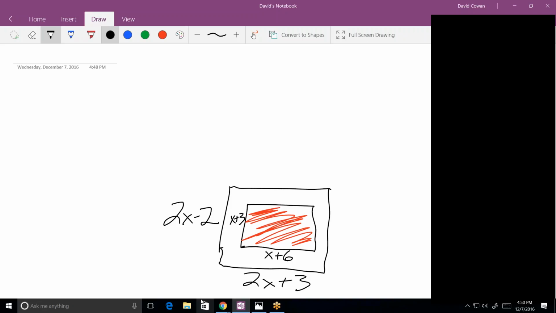Okay, so let's get the area of the red. What's that going to be? X plus 3 times x plus 6. Okay, do that math. Should I use FOIL? Either one. Get in the habit of doing it the same way.